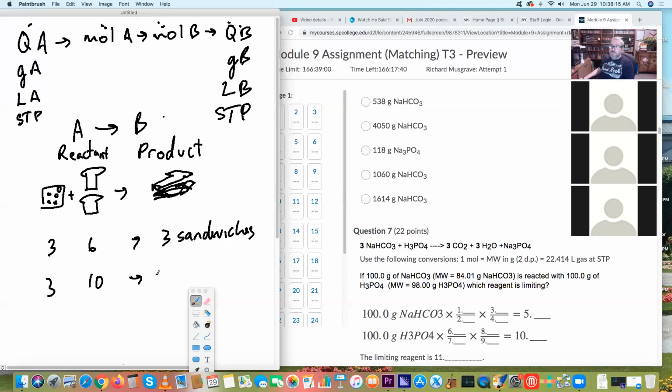Anybody want to answer that? You had 3 slices of cheese and 10 slices of bread. How many sandwiches could you make? Sorry? If you only had 3 cheeses, you would only have 3 sandwiches. That's right. Okay, here's a more advanced question. How many slices of bread would you have left over?